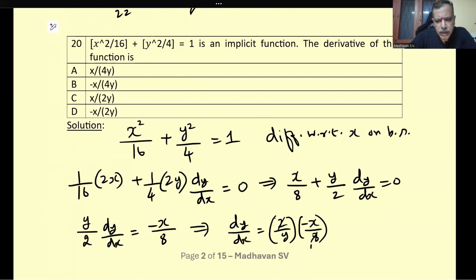This 2 goes with this 8, 4 times, so we get minus x by 4y. That will be the solution, which is our option B. Option B is the right option.